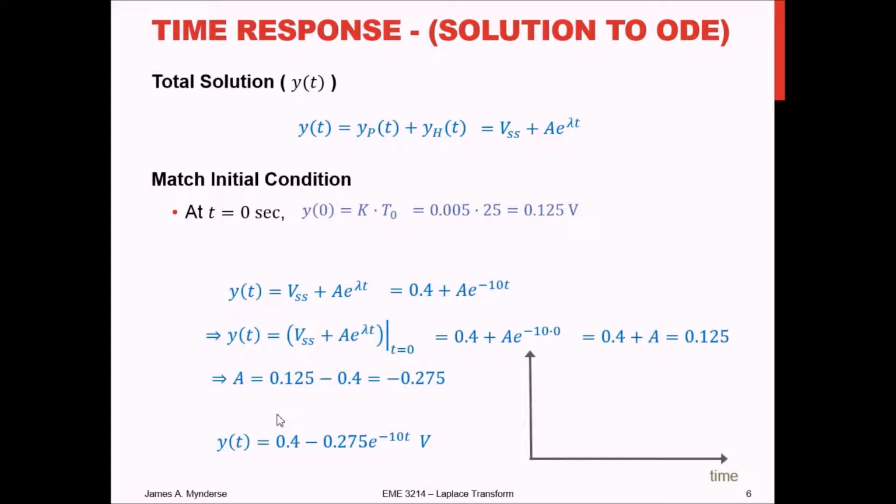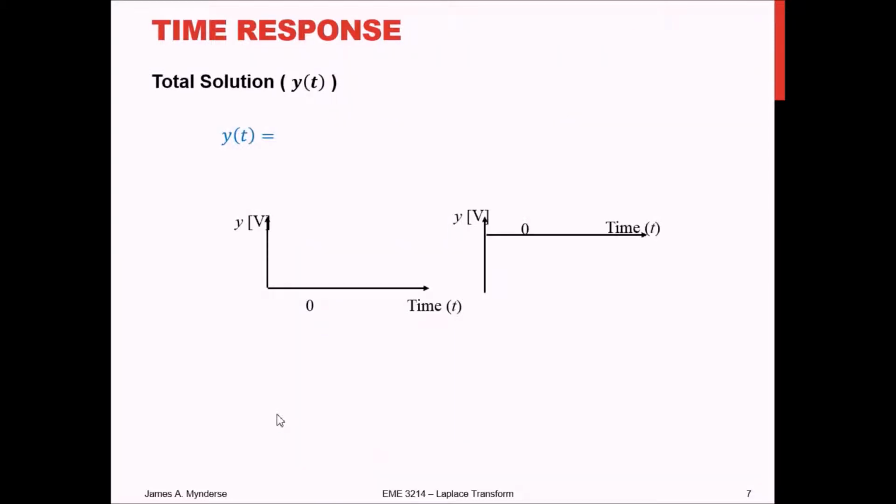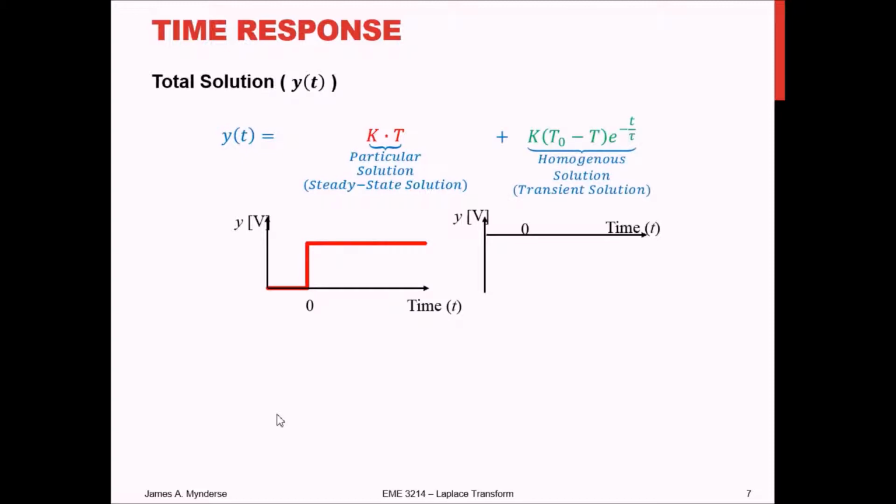Let's go ahead and plot this out. What does this look like? Just like that. It's going to start at 0.125 at time 0. It's going to end at 0.4 at the final time. Let's analyze this a little bit. It's equal to the particular steady state solution, which looks like that, plus the homogeneous solution, which if you plot out that function, looks something like this.